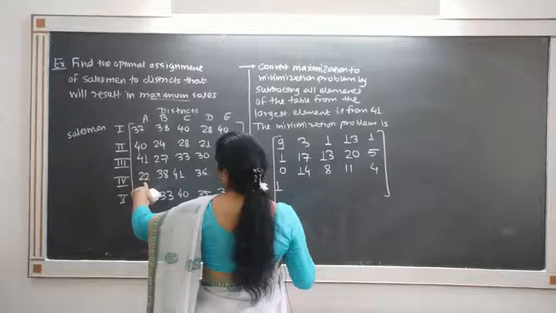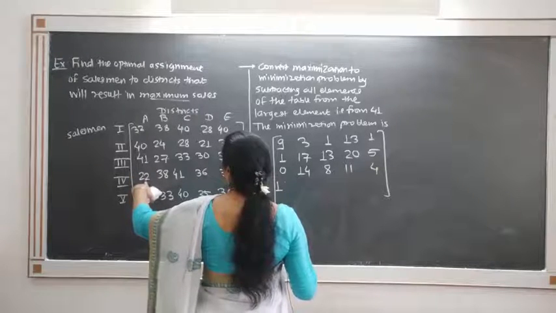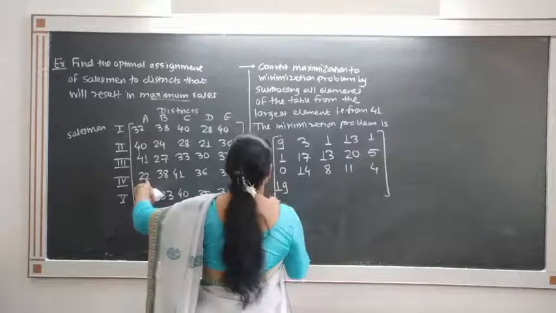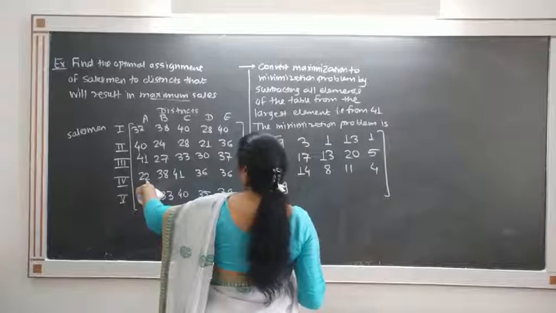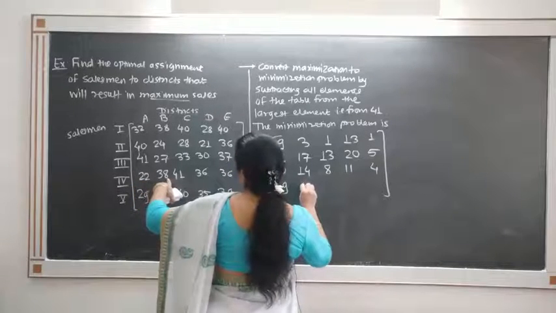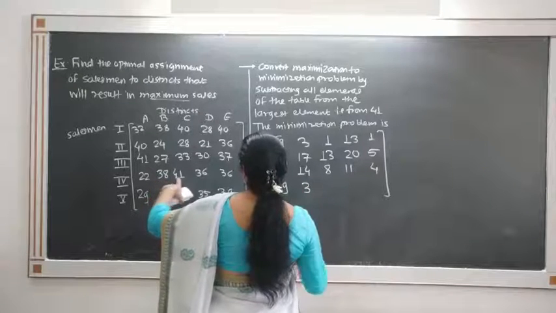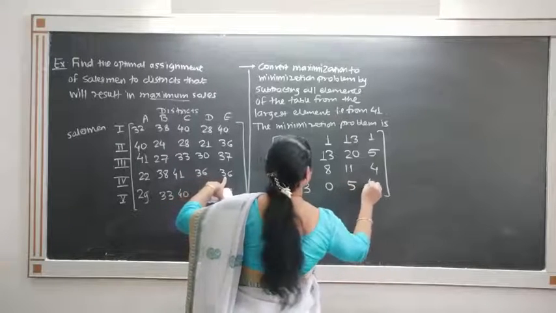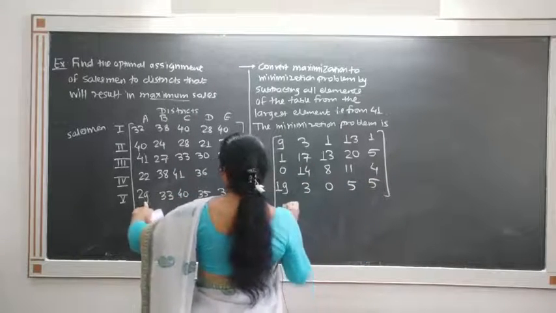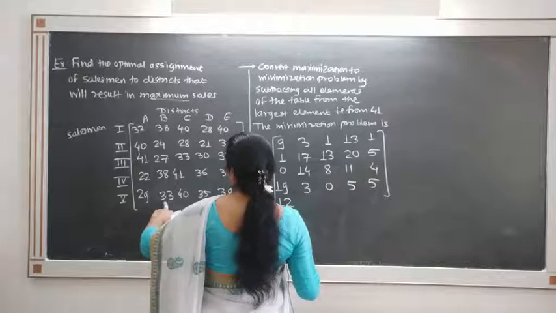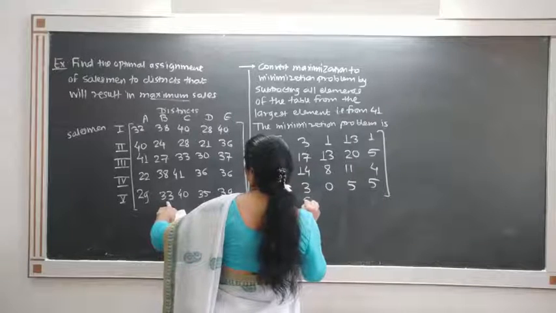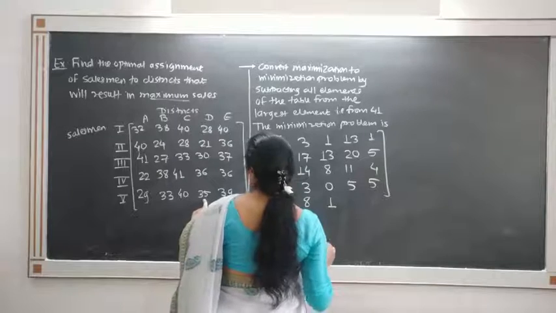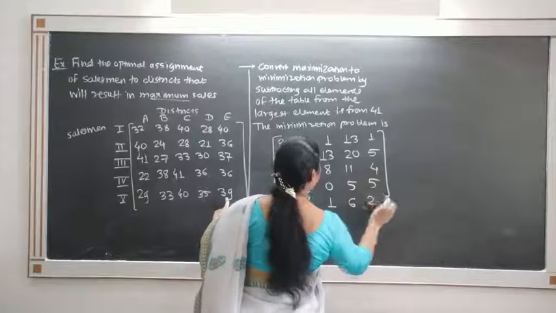Then 41 minus 22 is 19, 41 minus 38 is 3, 0, 36 gives 5, 5, so 12, 33 gives 8, 1, 41 gives 0, 6, and 39 gives 2.